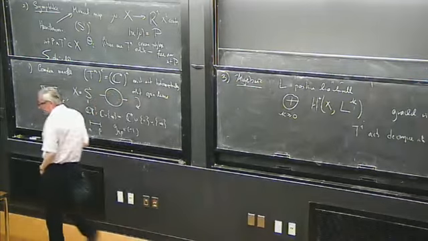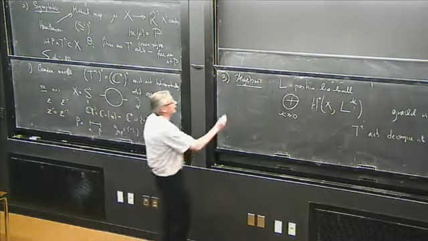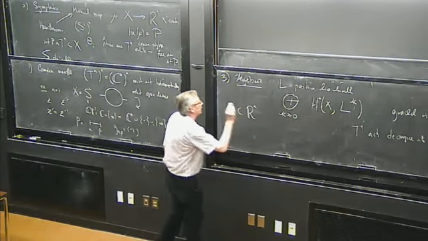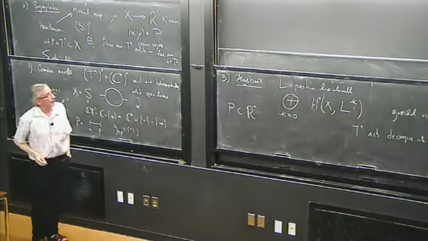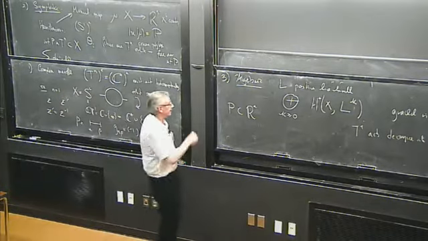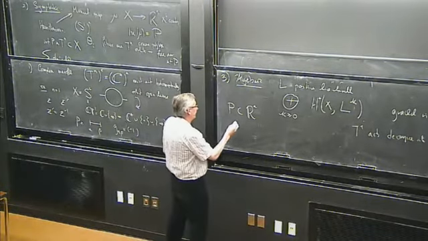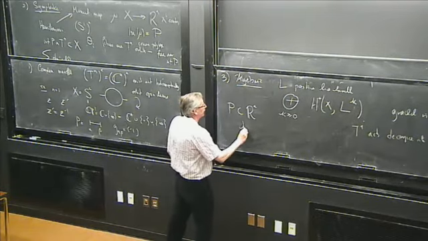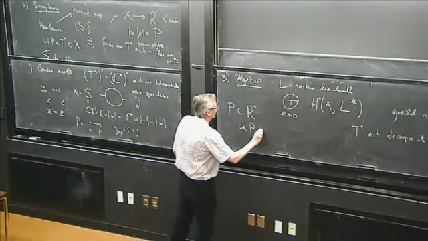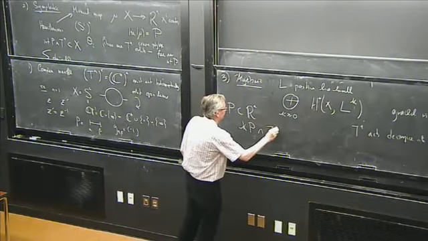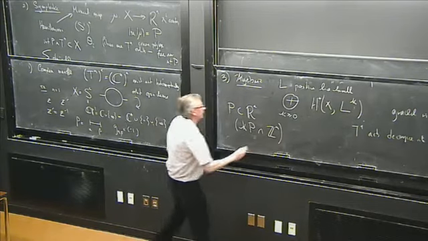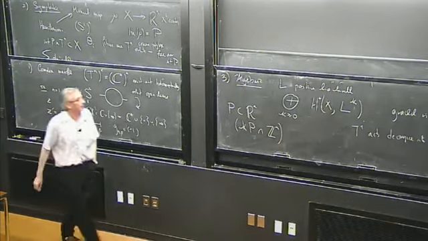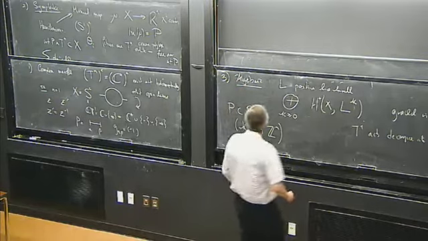In another direction, supposing we start with P in R^n, then for each positive integer k, we can consider kP intersected with Z^n.